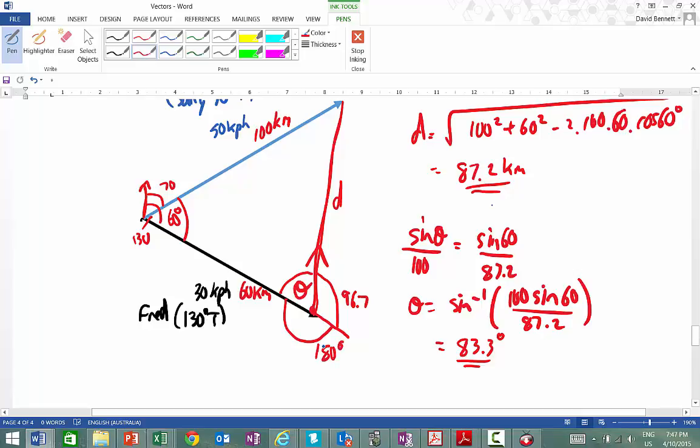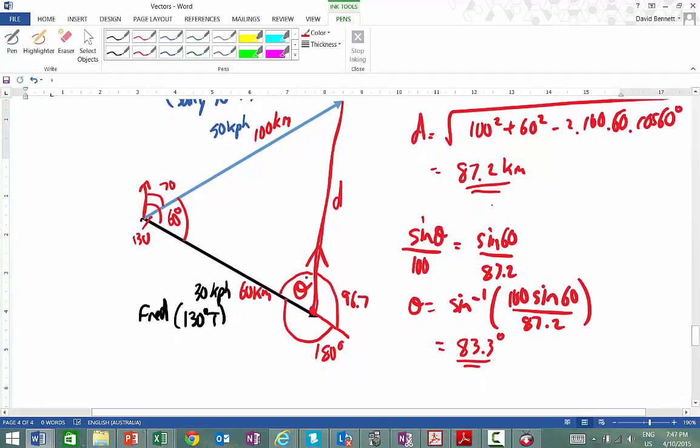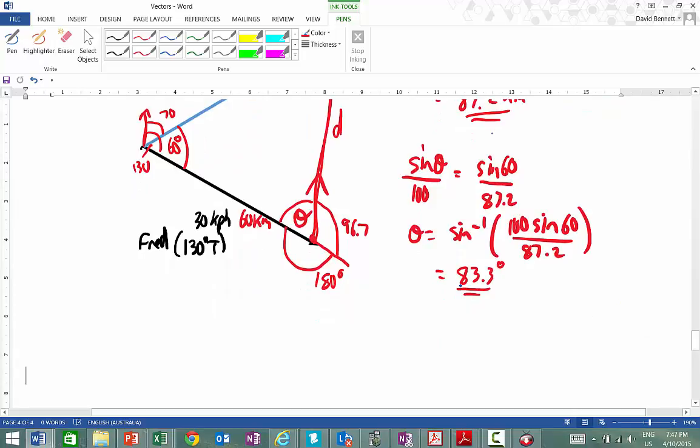Now what I'm trying to do is think about this particular bearing, because I want to work out the bearing from north. Sometimes you get to a point where you go, I'm not quite sure how to draw this. So sometimes it's better just to draw this section again and put some clear lines on it.